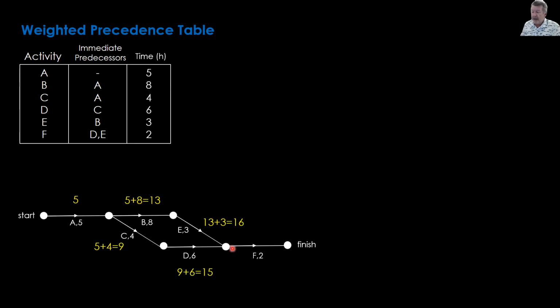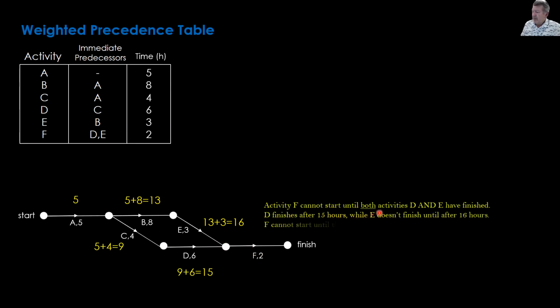We have to decide when we start F, because F relies on both of these things happening, doesn't it? So here it is. Cannot start until both activities D and E have finished. So D is 15, E is 16. F can't start until the 16th hour has finished.